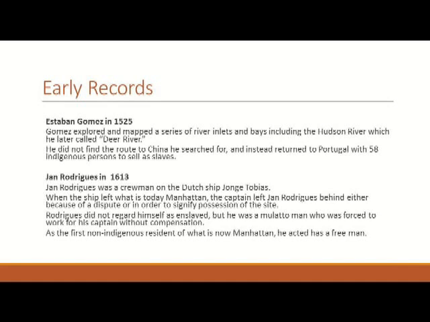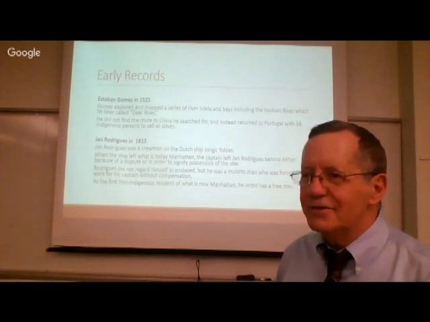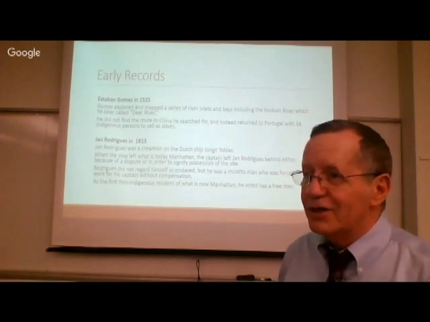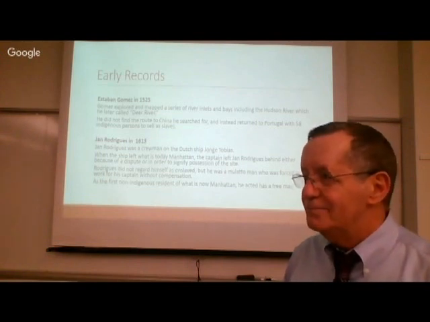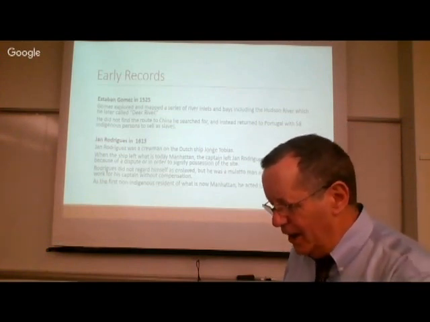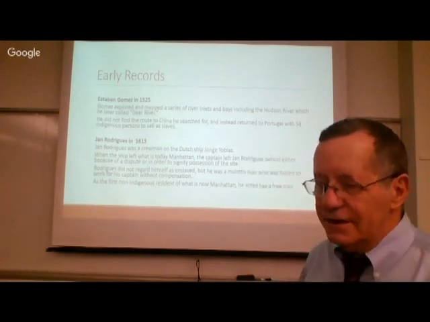He didn't enslave them, but circulated them to various people that he knew to be house servants and gardeners and whatever. But they didn't get to go back to where they'd come from. They ended up being transported. Another person of significance is Jan Rodriguez in 1613.